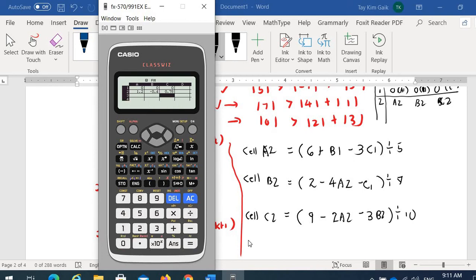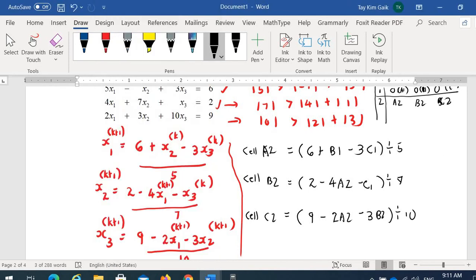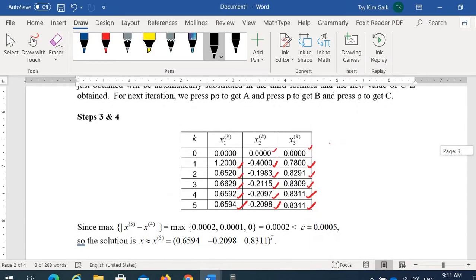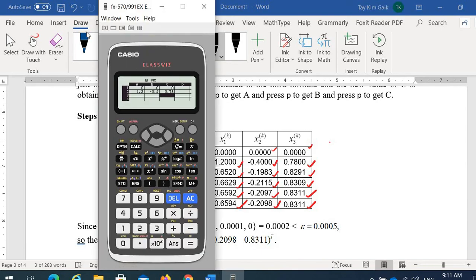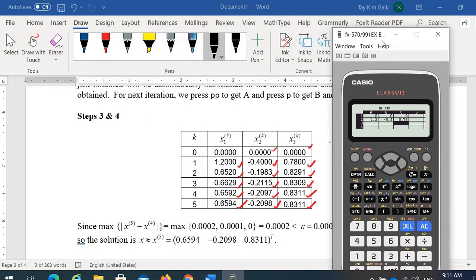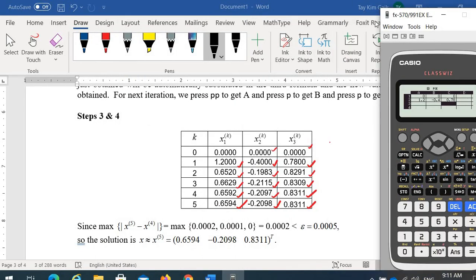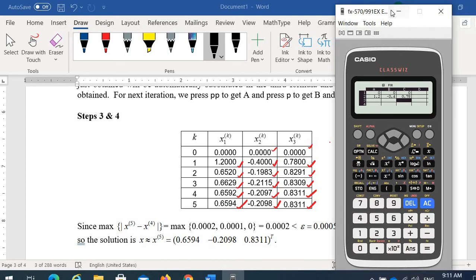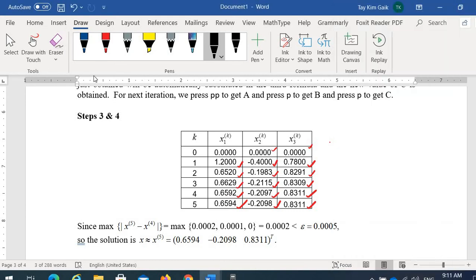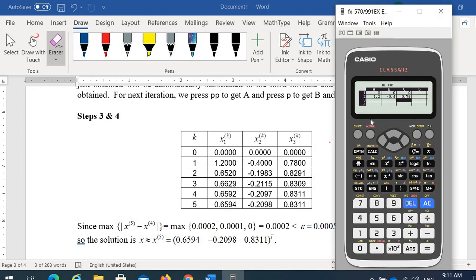And equal. We will check the solution in the table. Erase first, otherwise we see it. So you see 0.78, negative 0.4, 1.2.